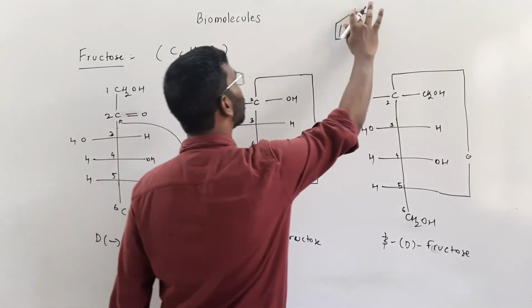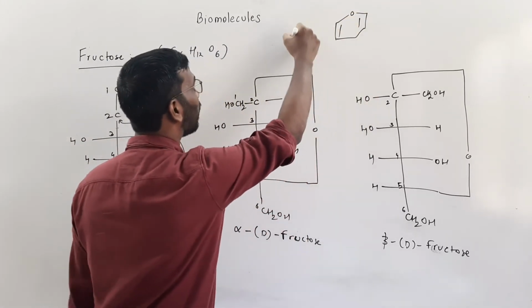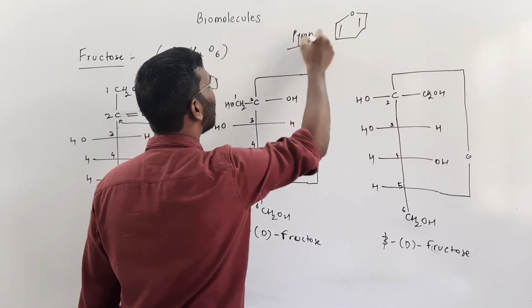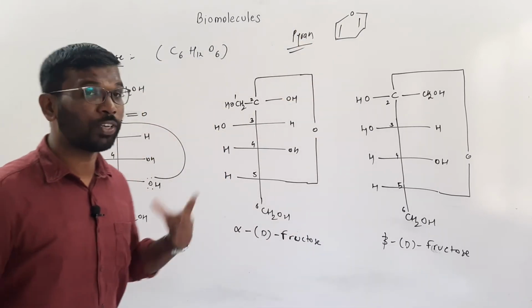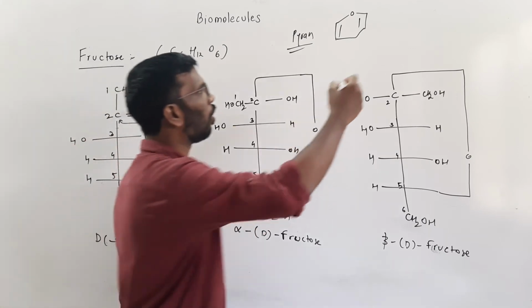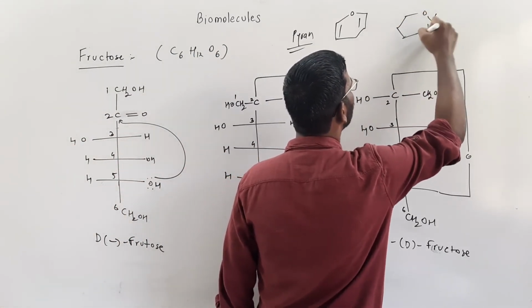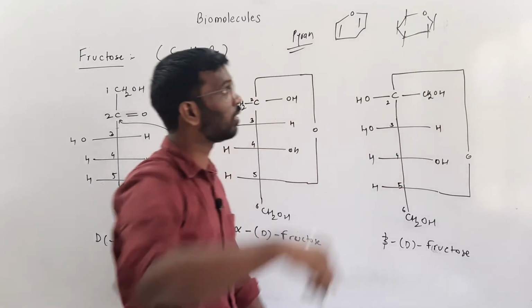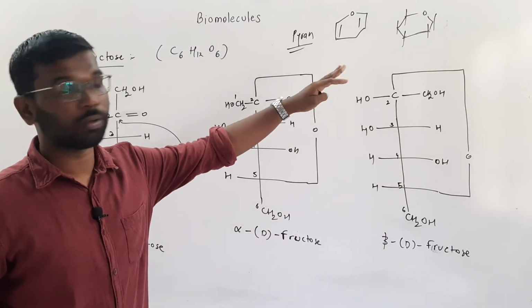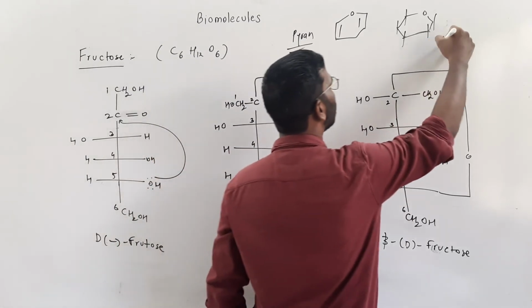Okay, this is called as a pyran, and for glucose it was called as a pyranose structure. Which structure? The one which we draw like this. Okay, this structure which was drawn, the Haworth projection for the glucose, it is called as pyranose structure.